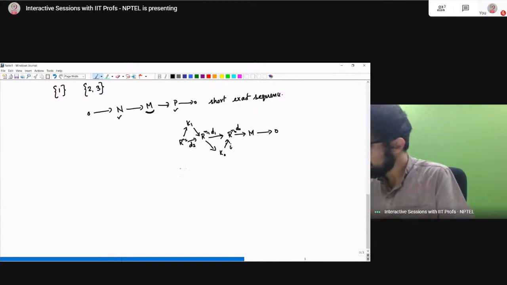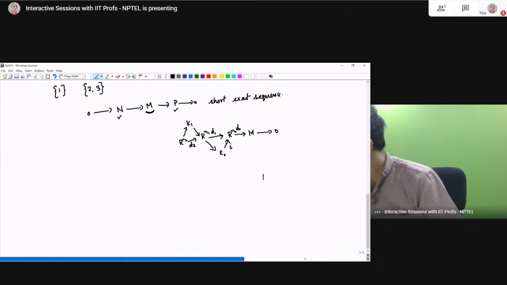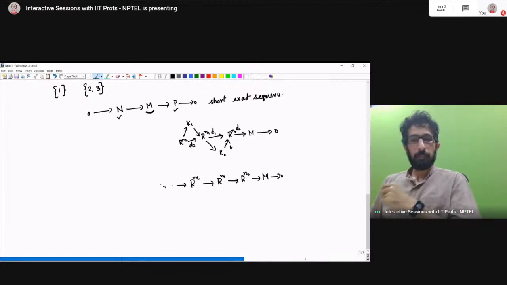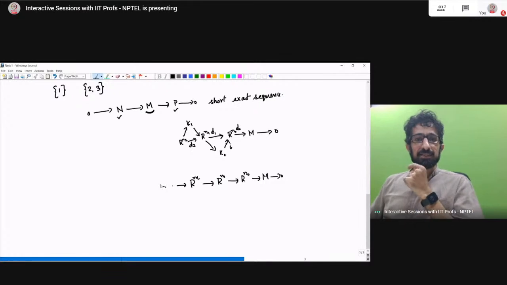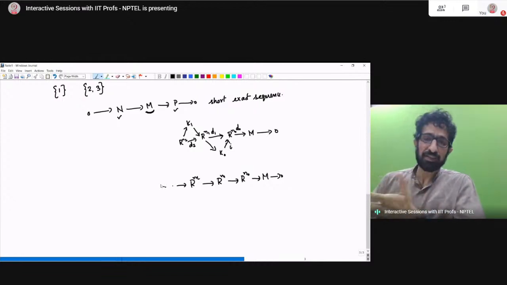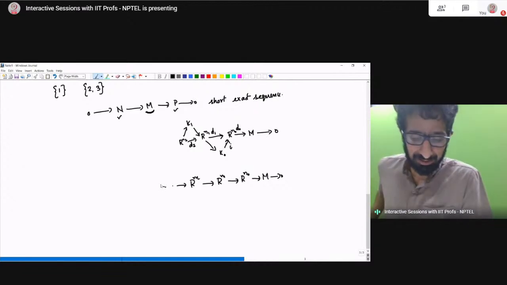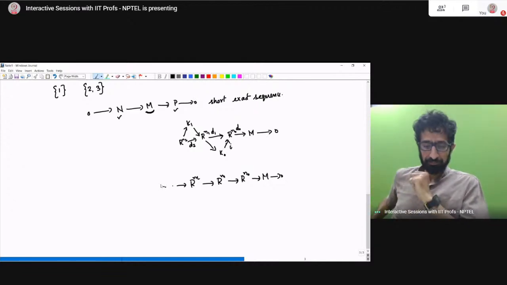So finally what we get is an exact sequence like this: R^n0 to R^n1 to R^n2 and so on. This is called a free resolution. This is minimal when some nice conditions are satisfied, but it's okay.